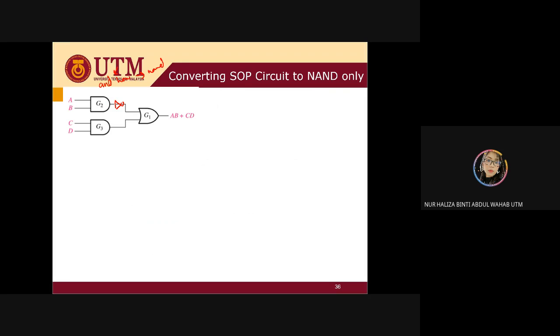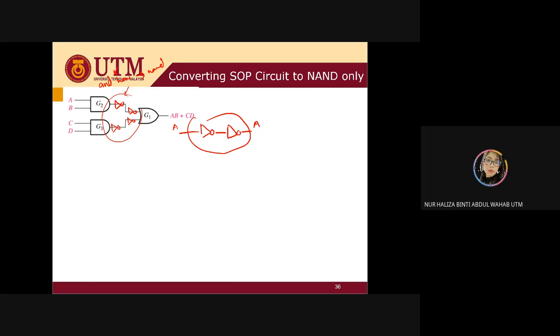When you add another NOT here, if you have 2 NOTs, nothing happens inside your circuit here. So this is the thing that you need. You need to add another NOT. Similarly here, when you have this NOT, it doesn't affect your output.